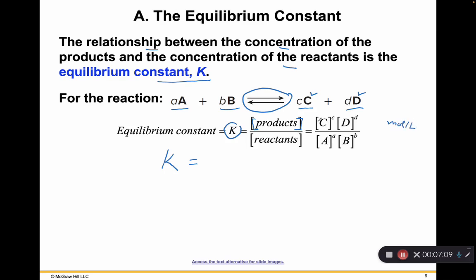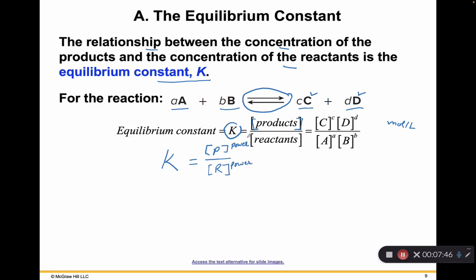For now, understand this is concentration. So we have the ratio of the concentration of product divided by the concentration of reactant. We also need to account for the coefficients of the balanced equation. So the products should be raised to a power, and those powers come directly from the coefficients. Similarly, the reactants will also be raised to the power of their coefficients.